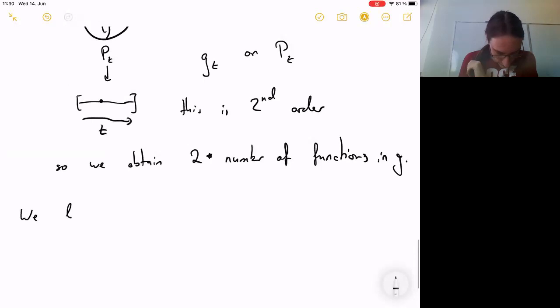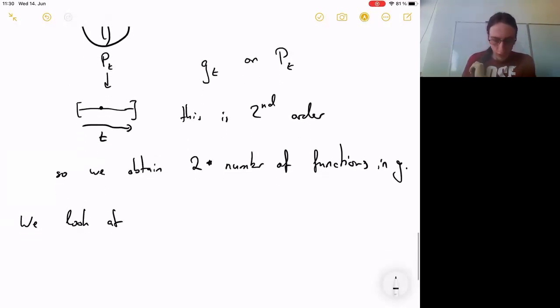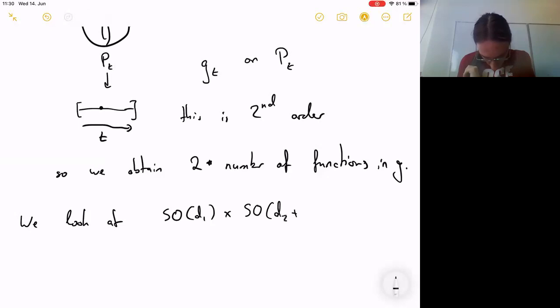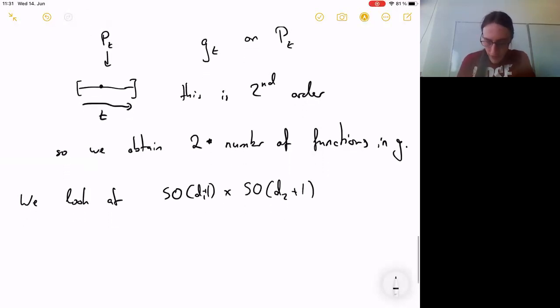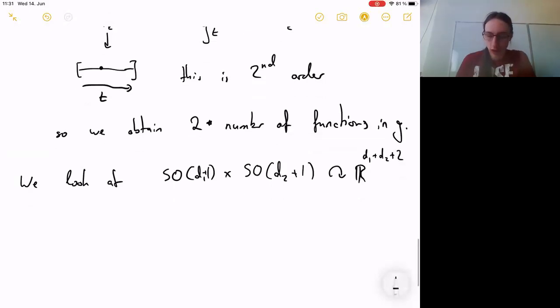So we look at, what's our homogeneity 1 structure? We take SO(D1+1) times SO(D2+1). This group acts on R^(D1+D2+2), and you just take the induced action on the sphere.